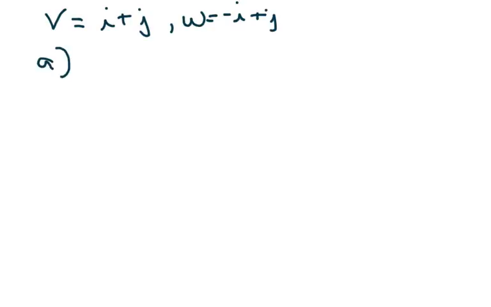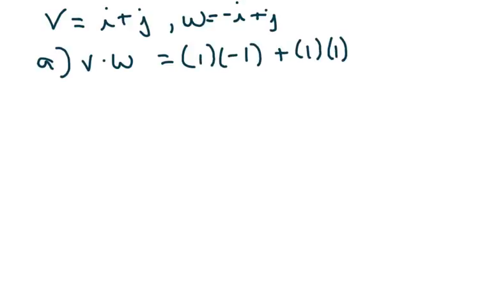So we're going to do vector v as i plus j, and w equals negative i plus j. When you do the dot product, v dot w, that's going to equal 1 times negative 1 plus 1 times 1, and that's going to equal 0.